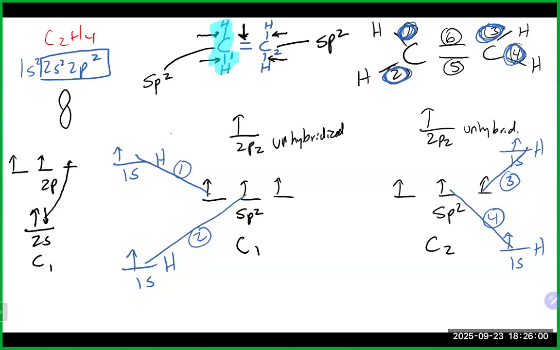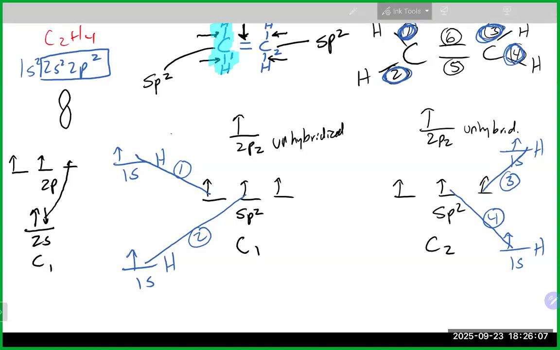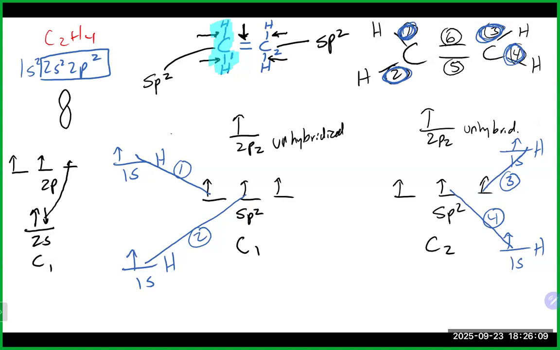So we've now accounted for all of our outside bonds. By the way, every one of those bonds we just made, those are all sigma bonds. So this is a sigma bond, this is a sigma bond, this is a sigma bond, and this is a sigma bond. All right, so what do we have left?